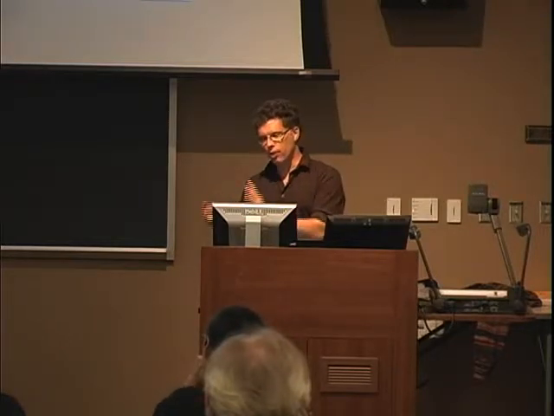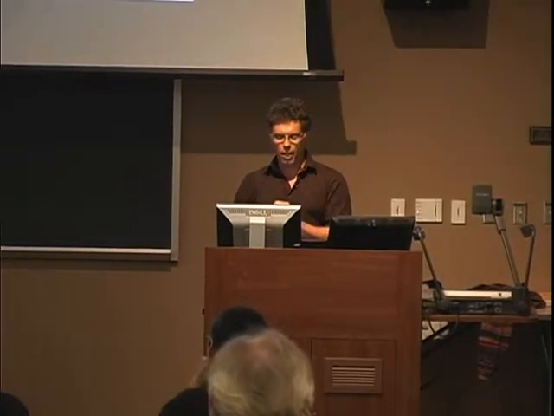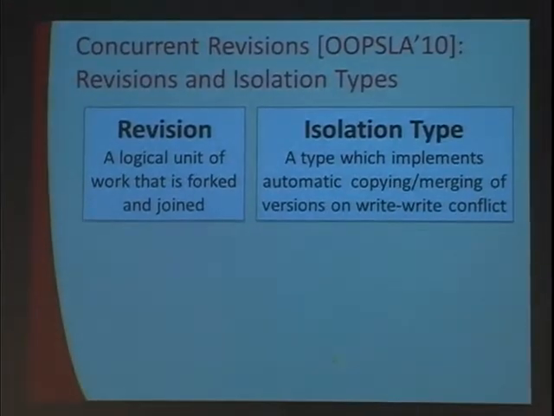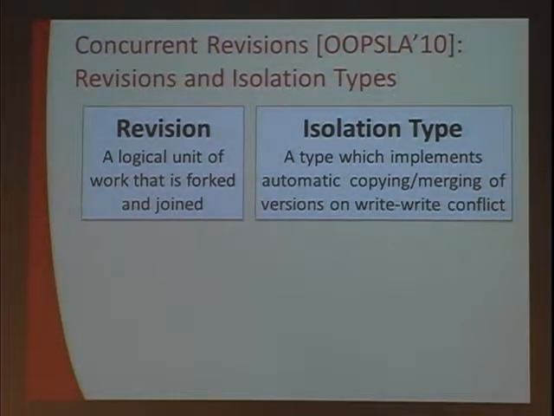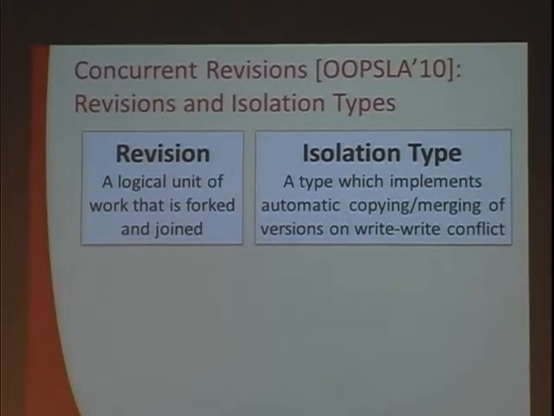All right. Okay, so this is review more of this OOPSLA 10 paper, but I do want you to understand a little bit more than my cursory overview of concurrent revisions. So we think of revisions as a logical unit of work that's forked and joined.